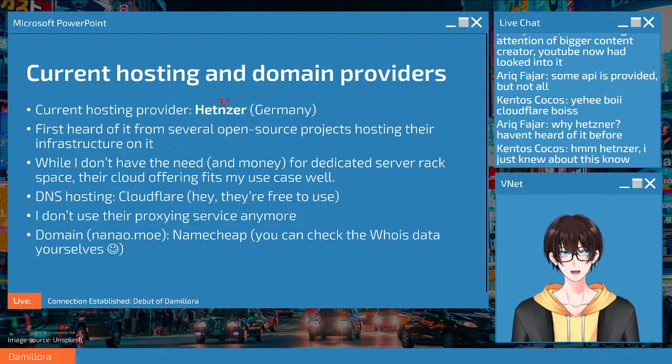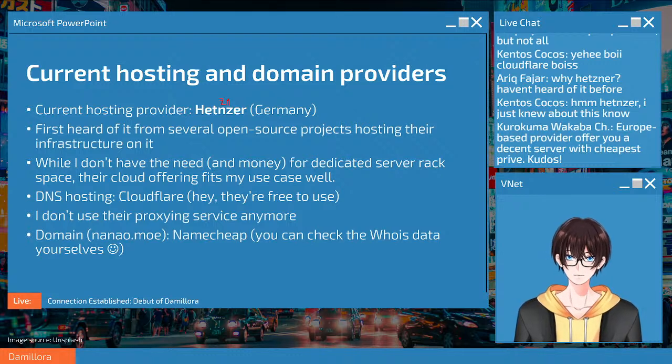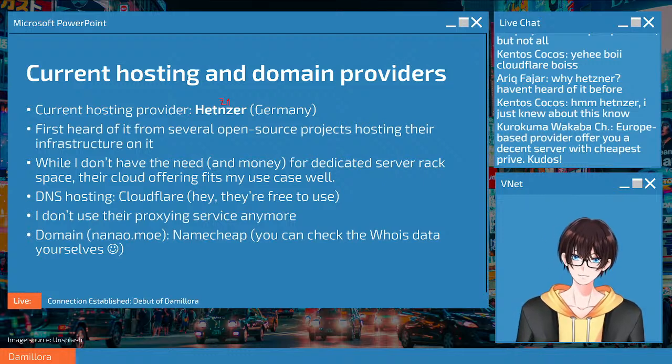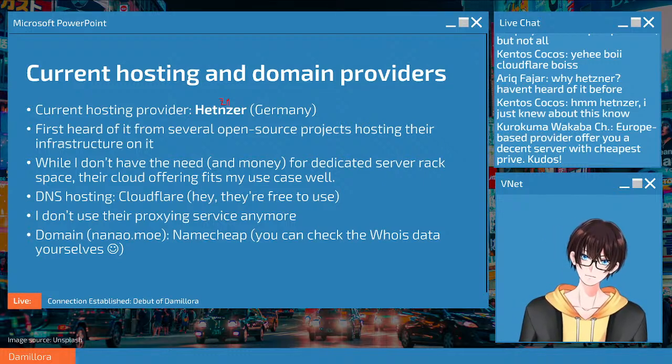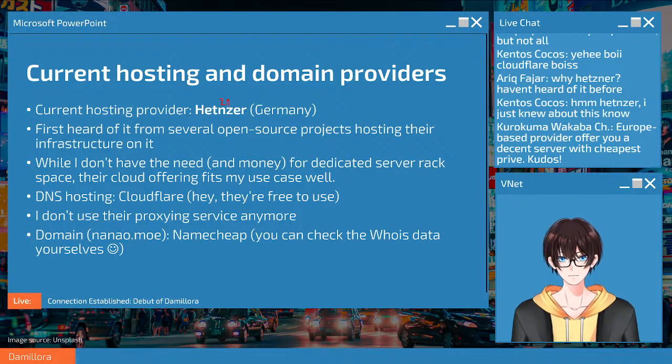I have used them for around a year, almost 2 years. I'm really happy using the services, although I did have some outages. A 3-hour outage happened 1 or 2 weeks before my debut, which was quite annoying.